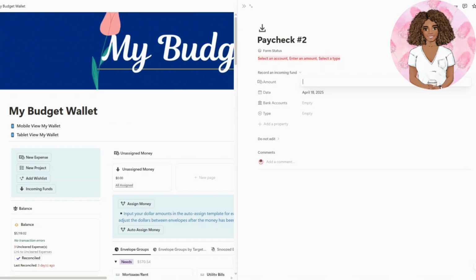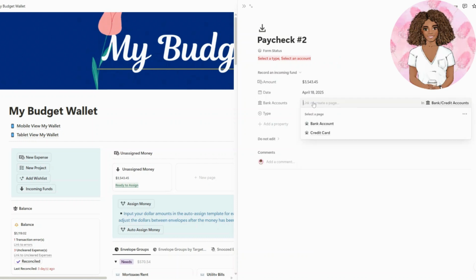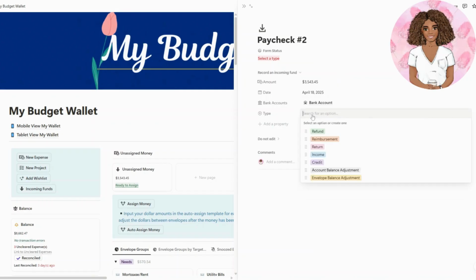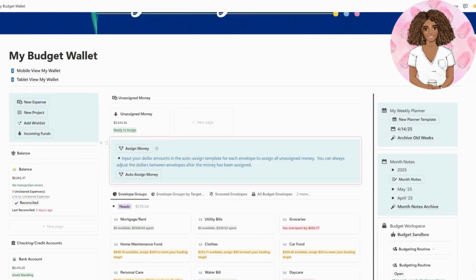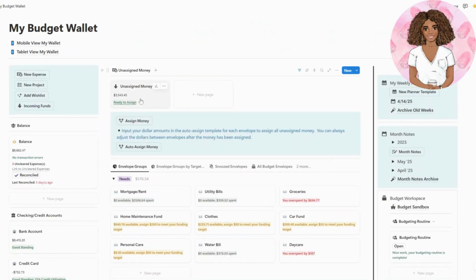And the amount is 3,543.45, and the money went into my checking account, and this is income and complete. So we'll close that, and now I have 3,543.45 in my unassigned money.